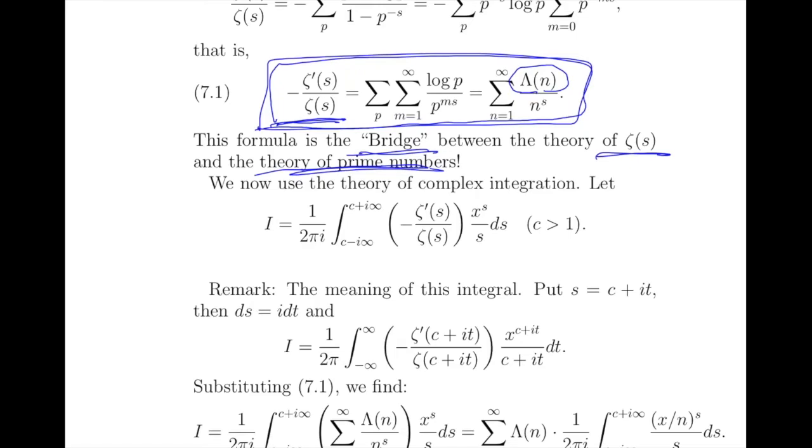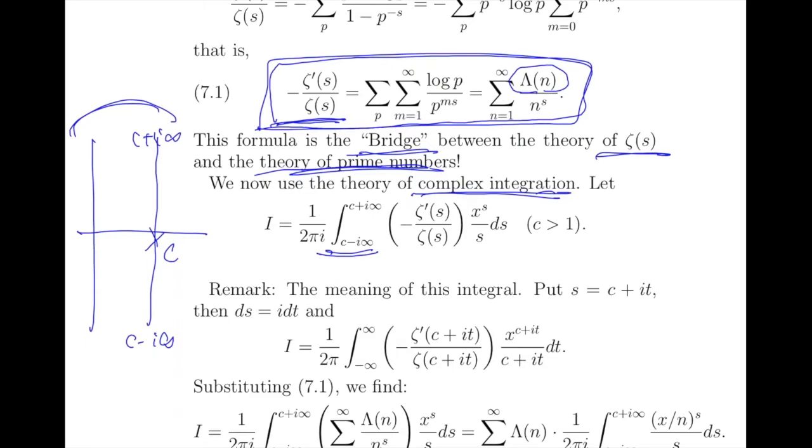And by using this formula, we now use the theory of complex integration. So now we define the following integral I, which is this one. So this is a complex integration. Here we write C for the complex plane, integrating from C minus i infinity to C plus i infinity. We are considering the following path of integration.